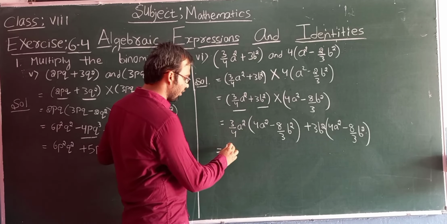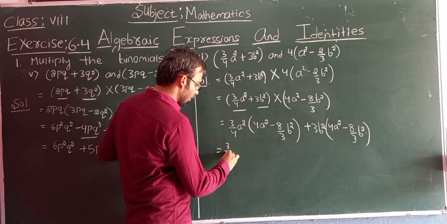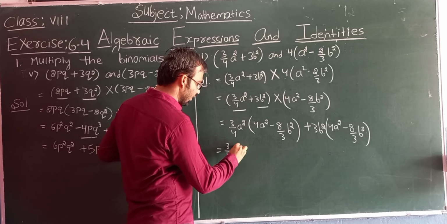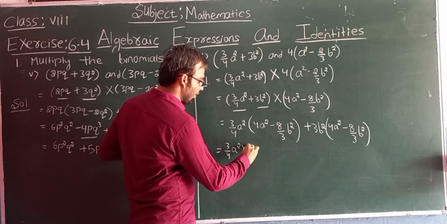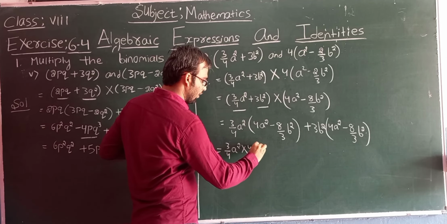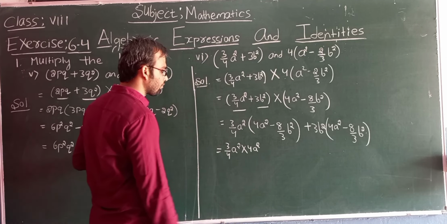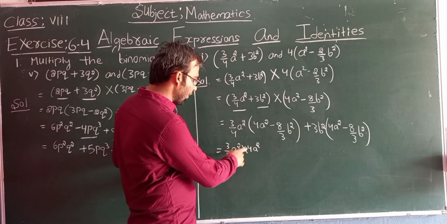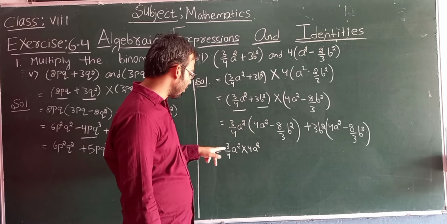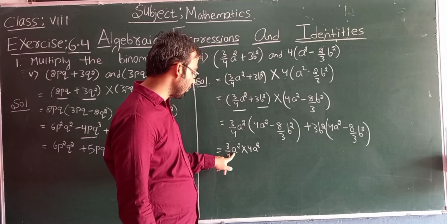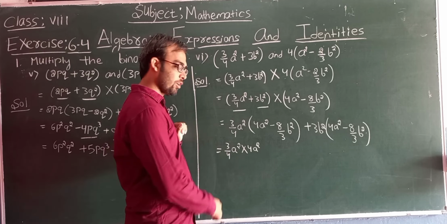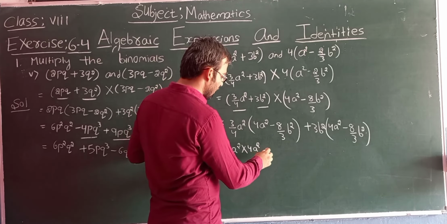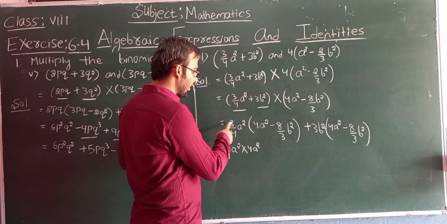Now look at here. 3/4 into a square into 4a square. So students, here everywhere a multiplication sign is there. As I told you, 3/4 a square is nothing but 3/4 into a square. So we will solve this one further. Next, here plus is there, here minus is there.